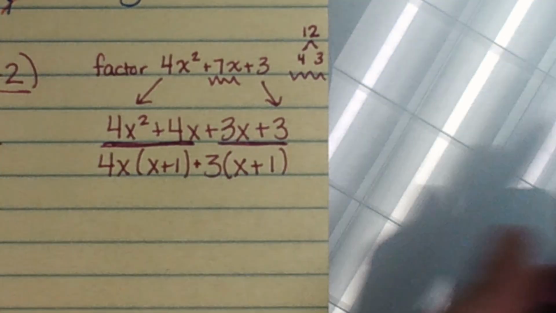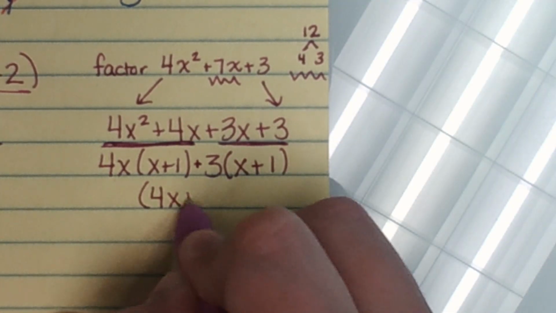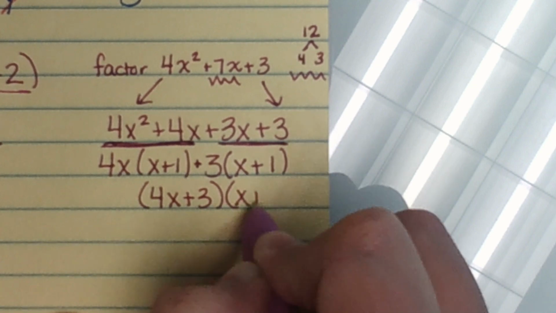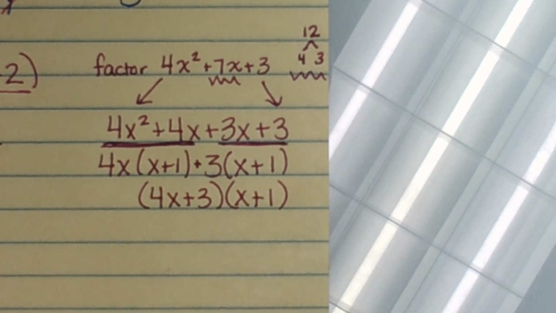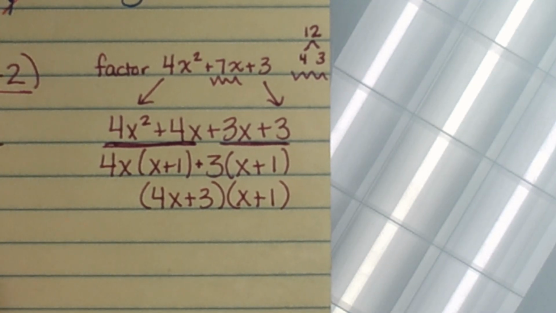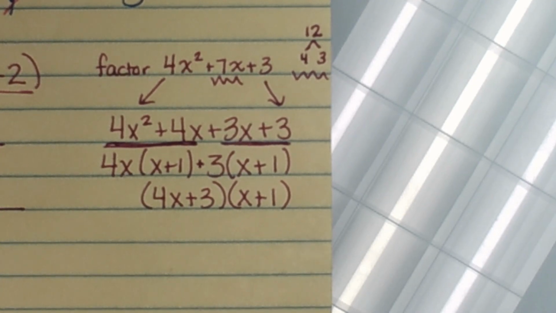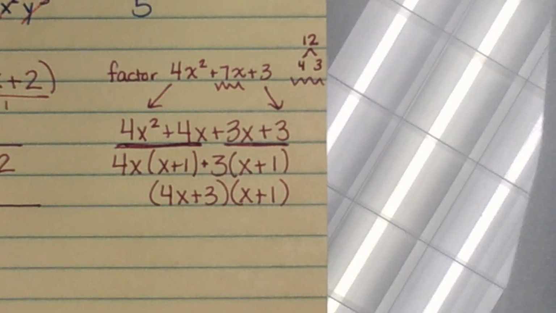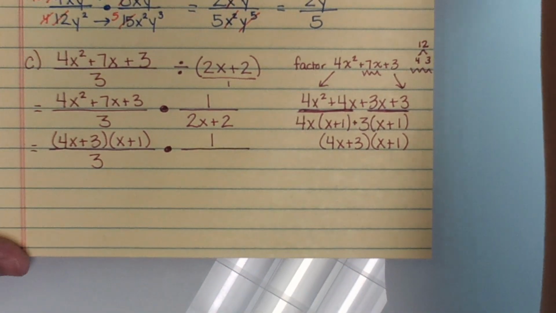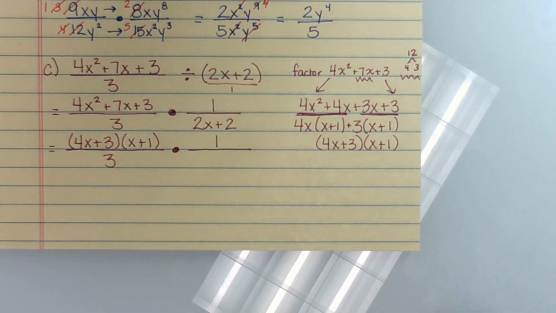So it's positive 3. Final factored form, 4x plus 3, x plus 1. Do not forget, if you did a GCF, to put it back on it. We didn't. Monomials will not factor. The 3 won't factor, the 1 won't factor. I am writing off screen. My bad.